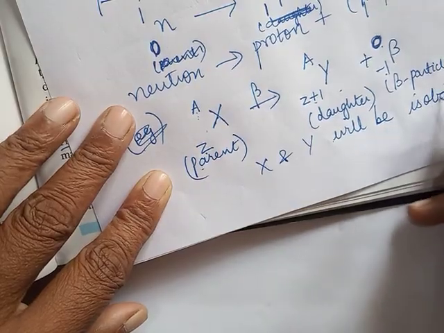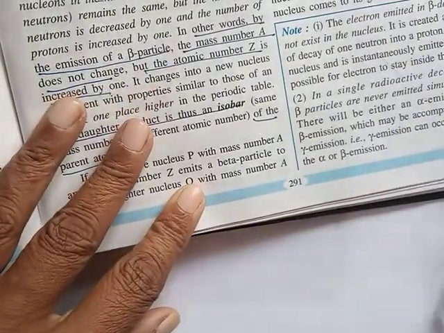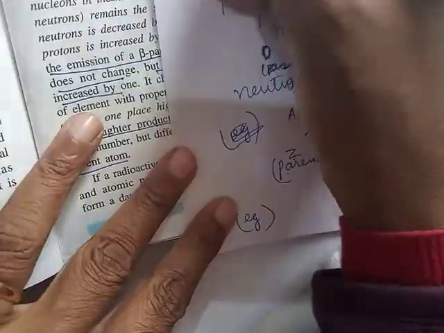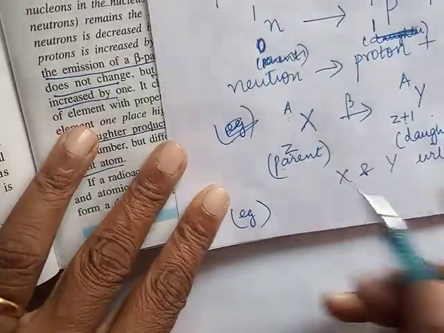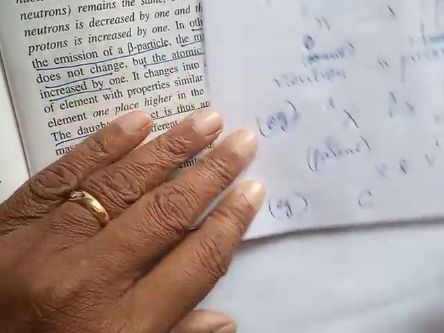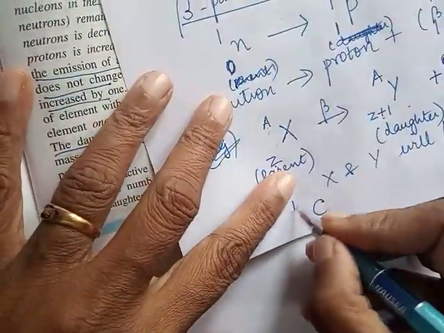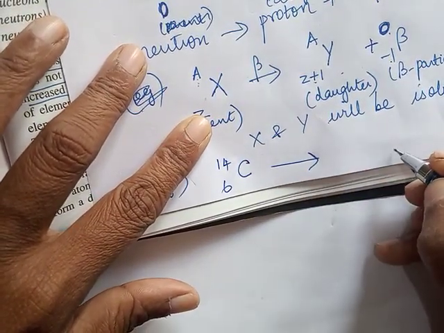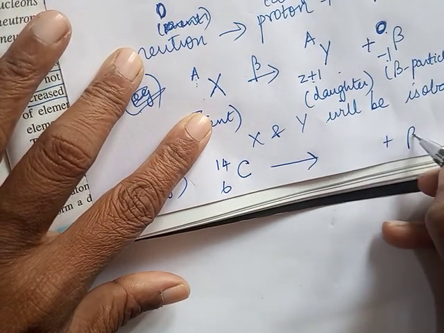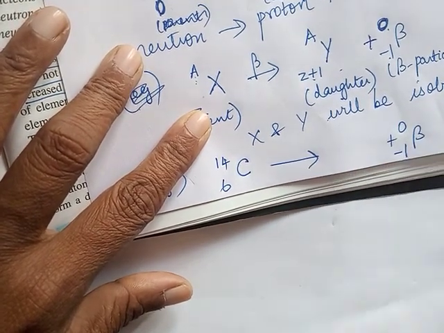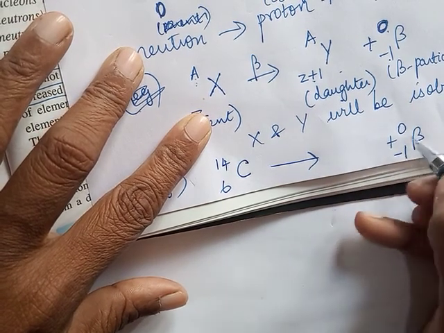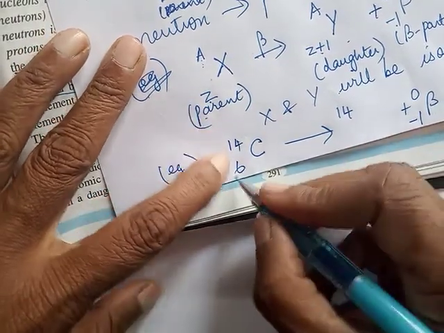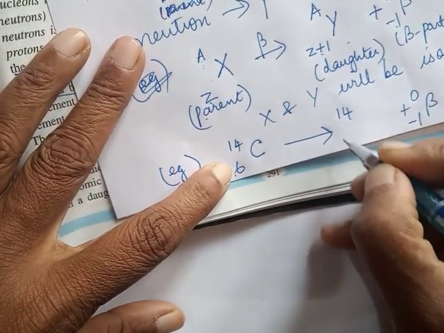Let's see one example, carbon. One practical example. This is a general one, this is an example, same way. Carbon 14-6, when it emits a beta particle, this new nucleus should have mass number 14 and atomic number 7, 6 minus of minus 1, 7.